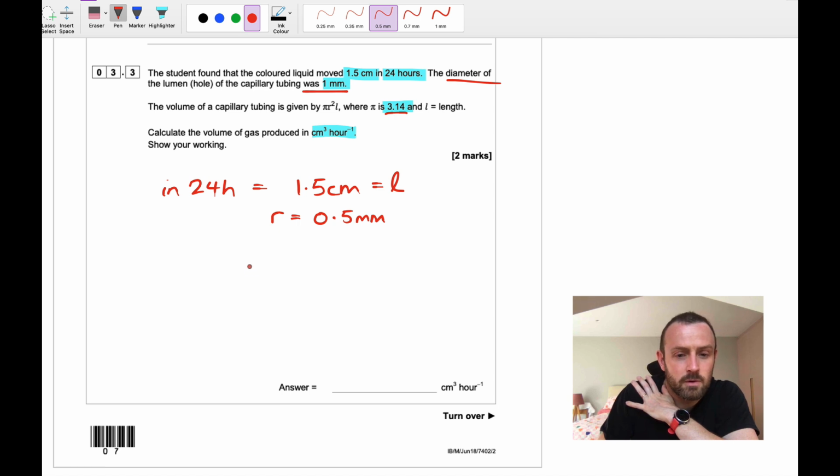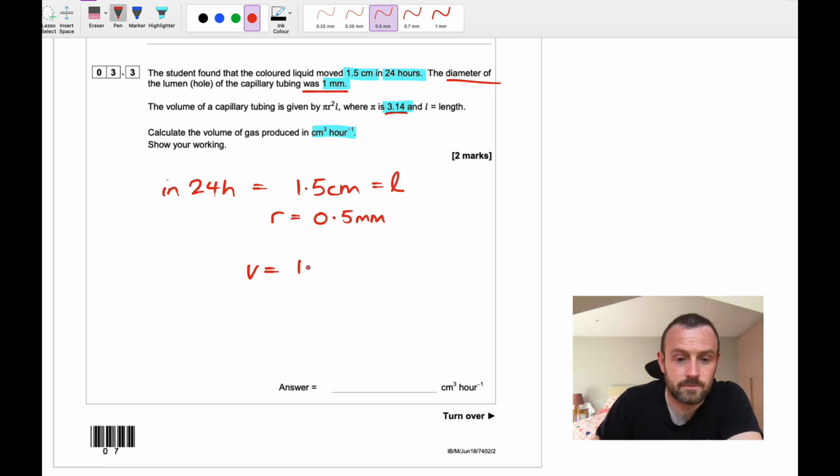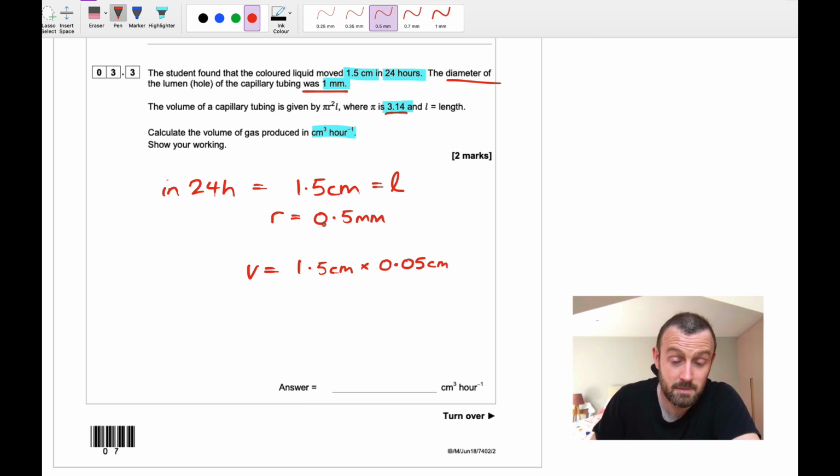So the volume of the capillary tubing that has been pushed out, in centimetres, is 1.5 centimetres times 0.05 centimetres, because I'm converting my millimetres into centimetres by dividing by 10, squared, because that's the radius squared, times pi.